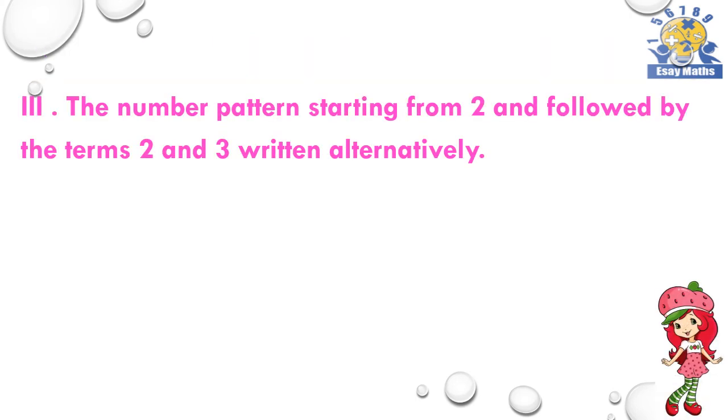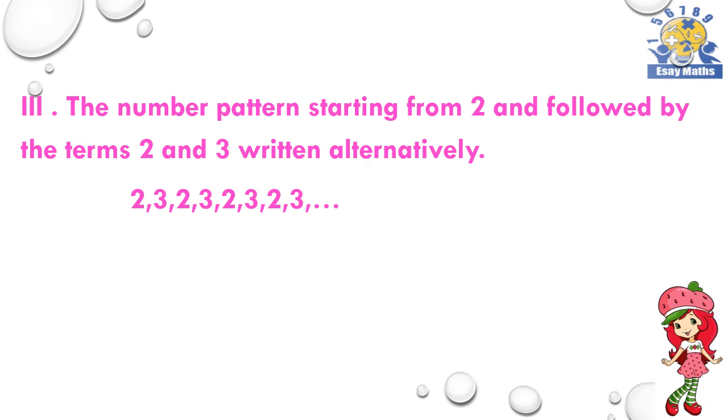Roman number 3, the number pattern starting from 2 and followed by the terms 2 and 3 written alternatively. Here we should start from 2 and repeat the terms 2 and 3 alternatively. So the number pattern should be 2, 3, 2, 3, 2, 3 and so on.